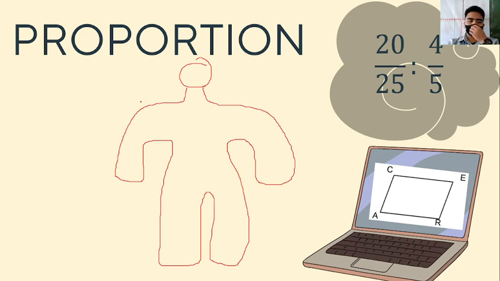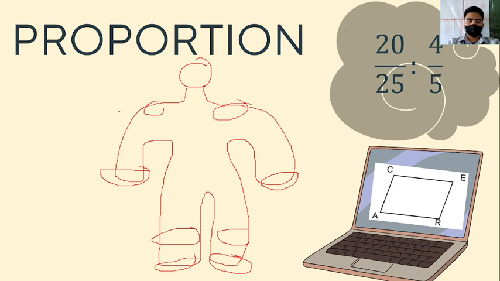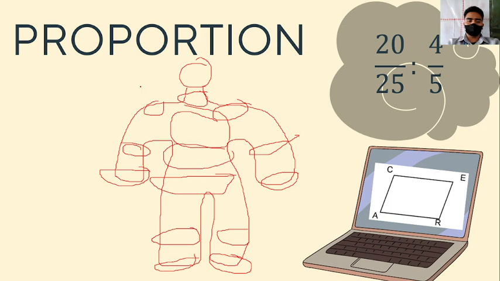What parts of the body could you give me? You have your hands, your feet, your knees, your shoulders, your neck, your elbow, your chest, your waist, your tummy, your head, isn't it?